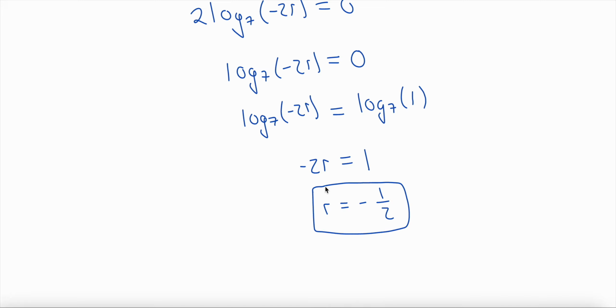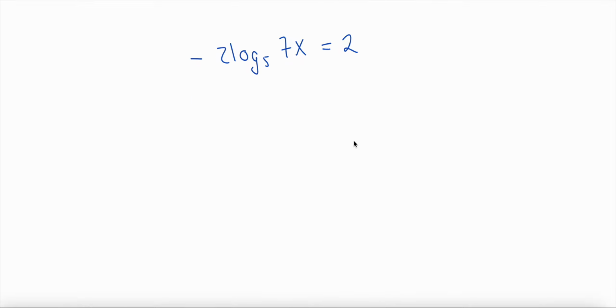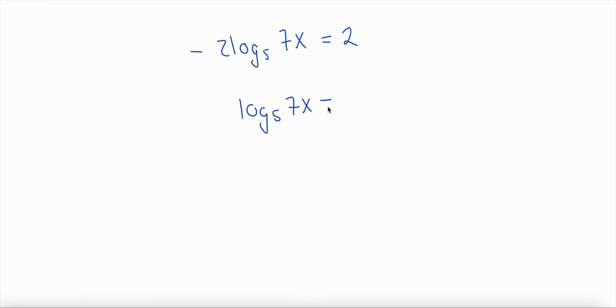Now let's go ahead to the next one here. We have negative 2 log base 5 of 7x equals 2. Let's go ahead and divide this negative 2 on both sides. So we're left with log base 5 of 7x equals, well, 2 divided by negative 2 is going to be negative 1.